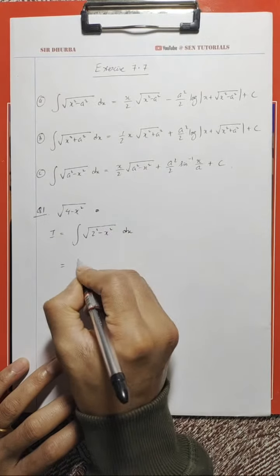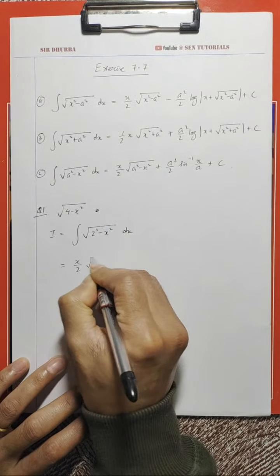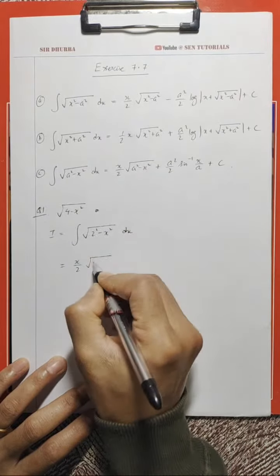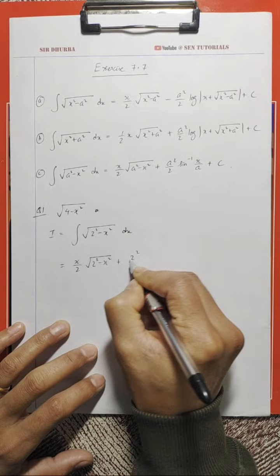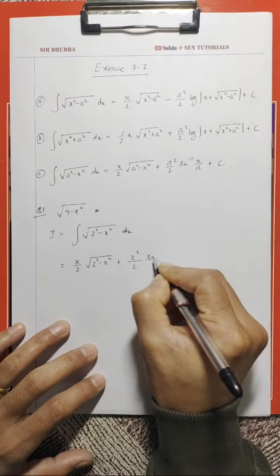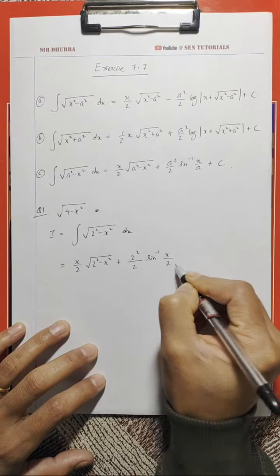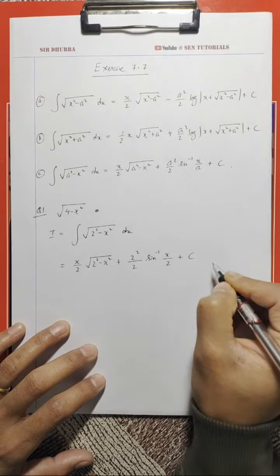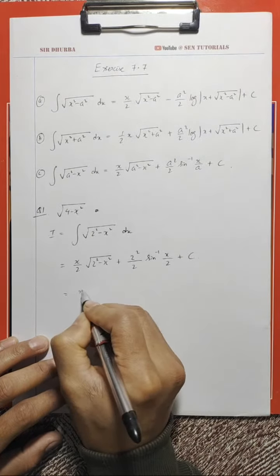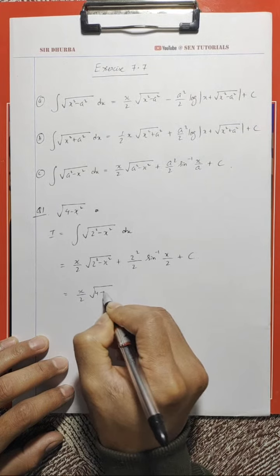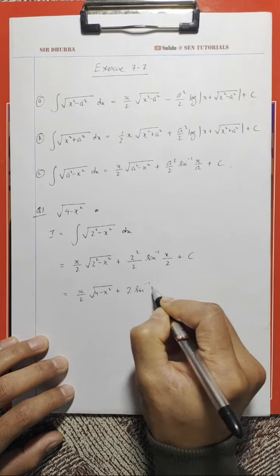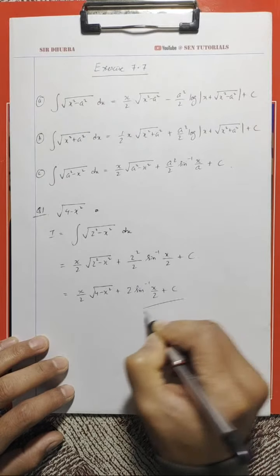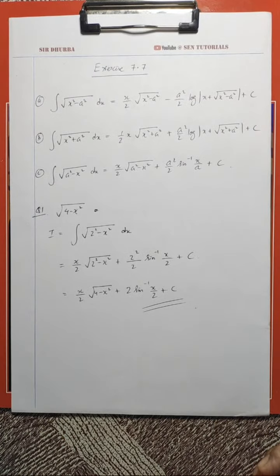The value of a here is 2, isn't it? So that's going to be x by 2 root over of 4 minus x square plus 2 (2 cancels twice) sine inverse x by 2 plus c.